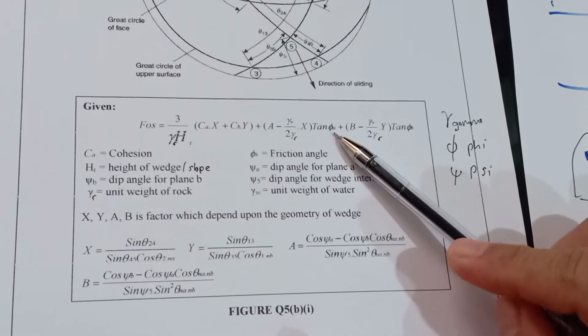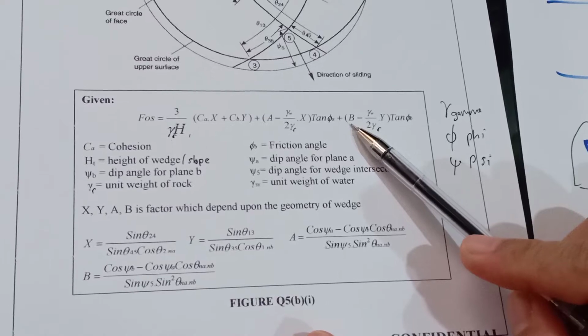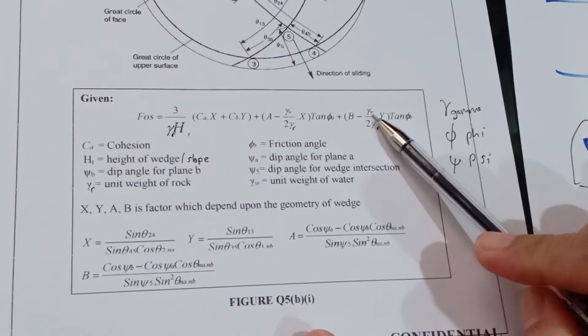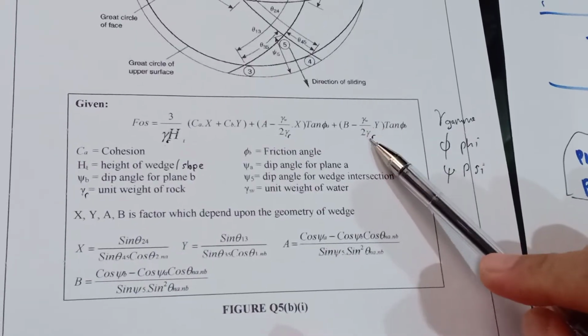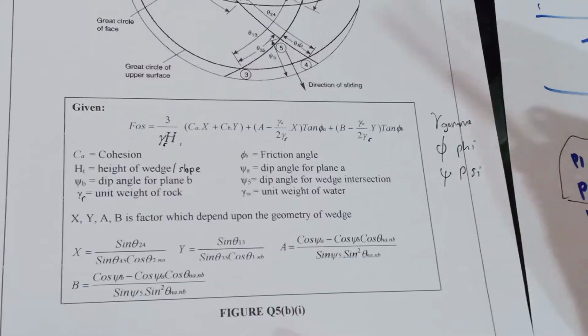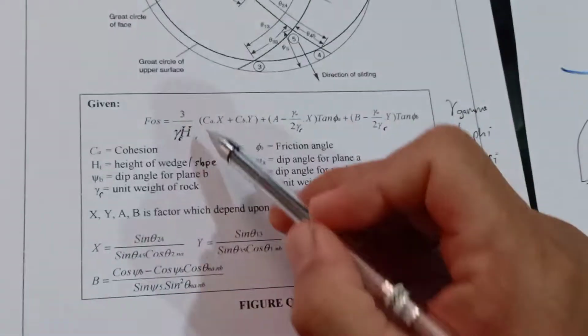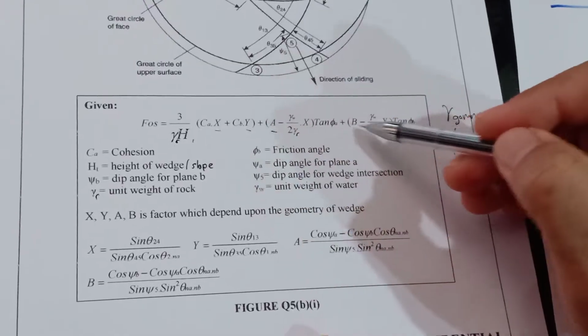All these quantities, the friction angle, is 30 degrees. And B you have to calculate. Gamma of rock is given, water is given, rock is given. So to calculate, the values you calculate are X, Y, A, and B.